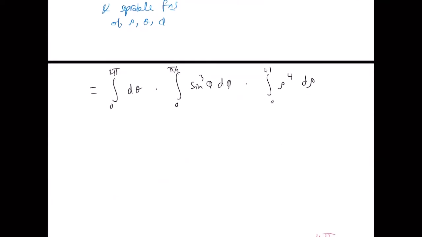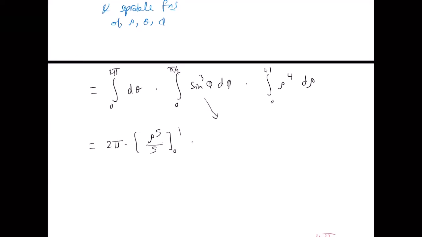And to finish the integral, this is easy. You can do this alone. Theta from 0 to 2 pi gives 2 pi. Rho power 4 gives you rho power 5 over 5 from 0 to 1.